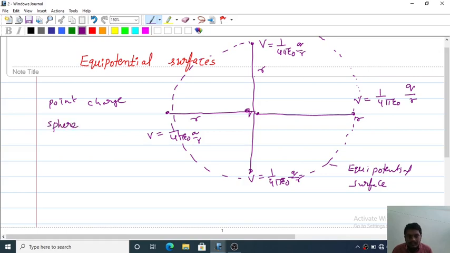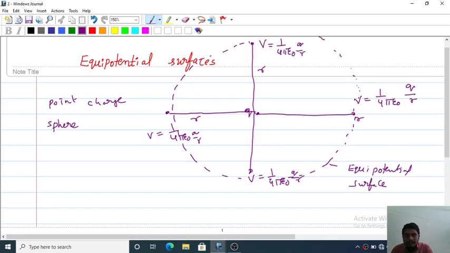Since this is two-dimensional you can see only the circle, but in three dimensions you will get a sphere. At every point on that sphere of radius r with the positive charge at the center, the electric potential is the same. That is called an equipotential surface.